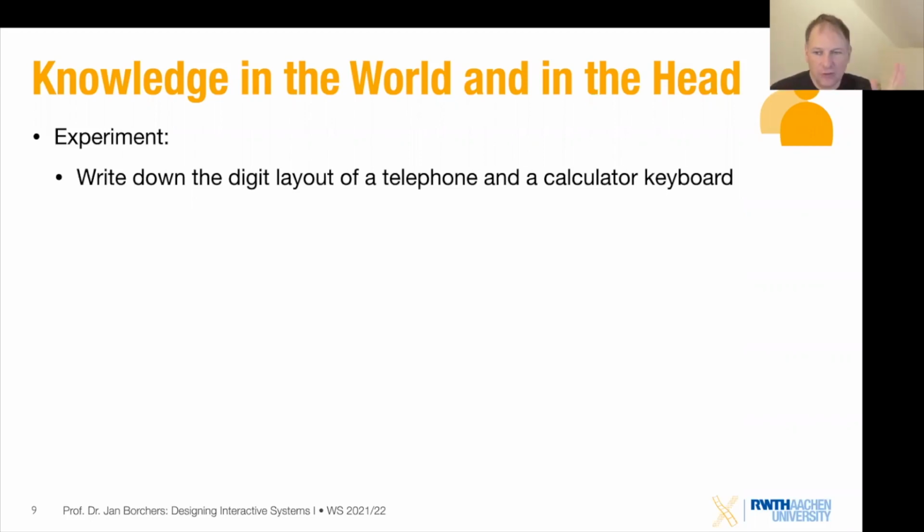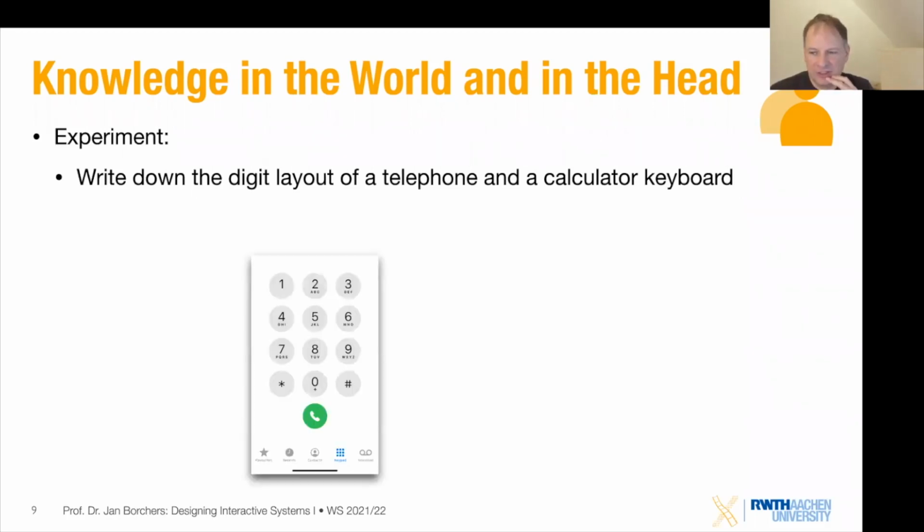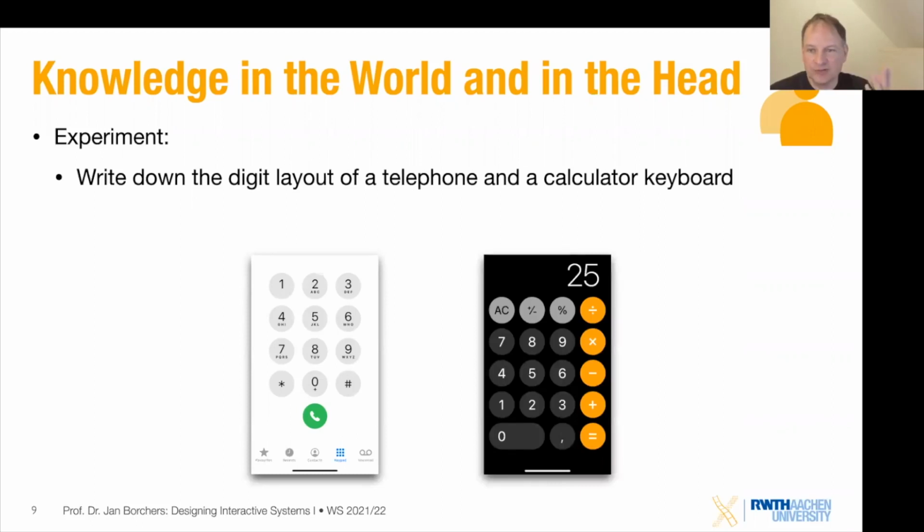First of all, you may have noticed that the layout of a phone keyboard, which looks like this, with the 1 at the top, is completely different from the calculator layout, where the 1 is at the bottom. Now, what I'm interested in is, maybe just give us a green response.